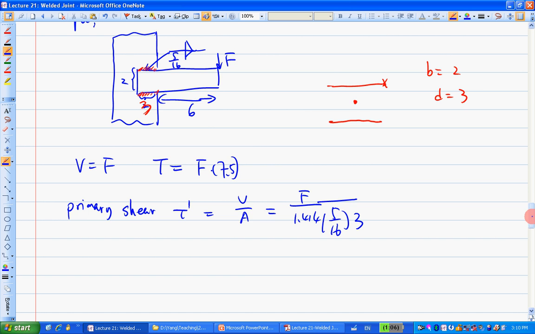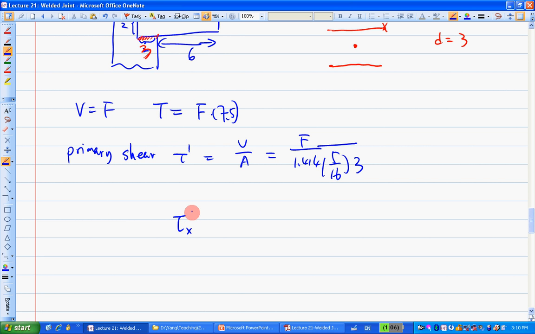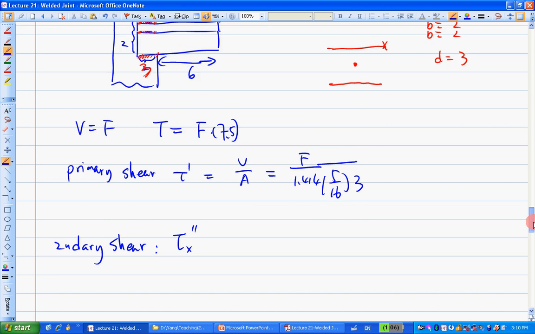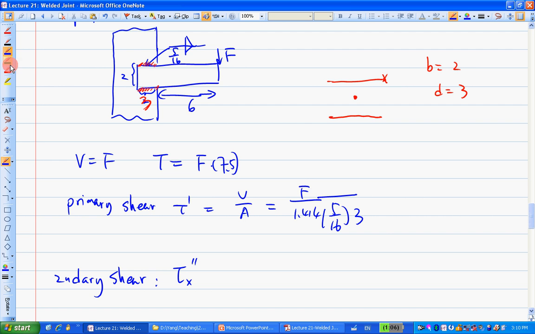Okay, so that's the primary shear. Then tau x double prime, secondary shear. I'm looking for basically tau x double prime, and tau y double prime. Then we have tau prime, right?